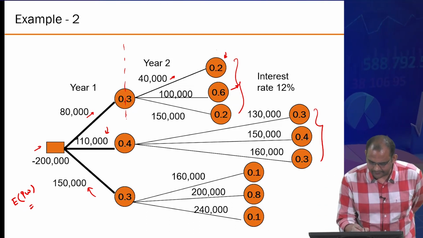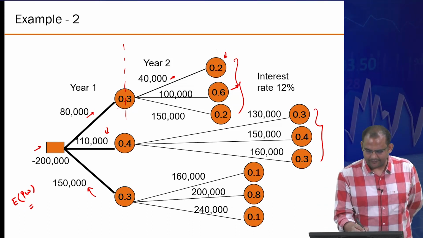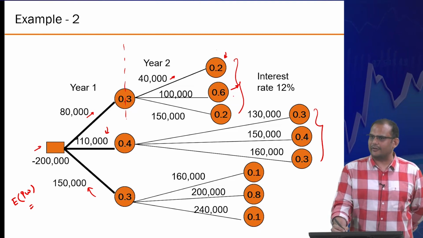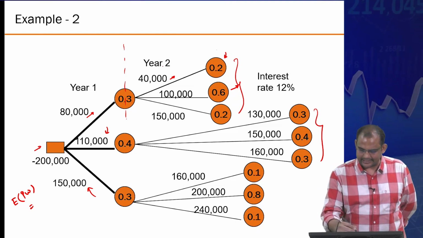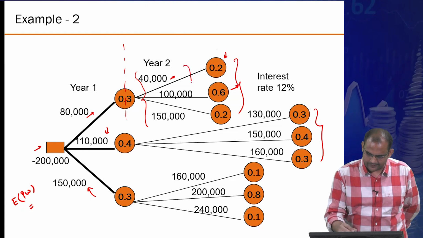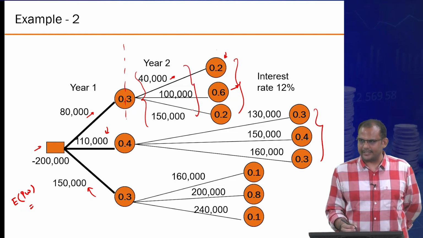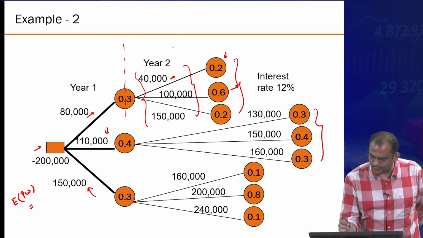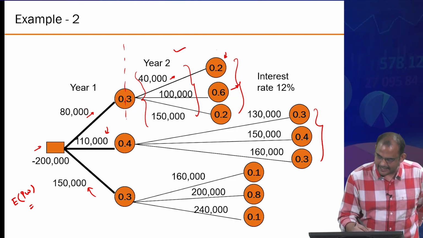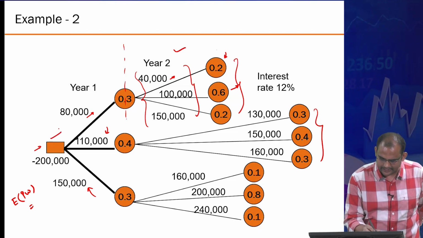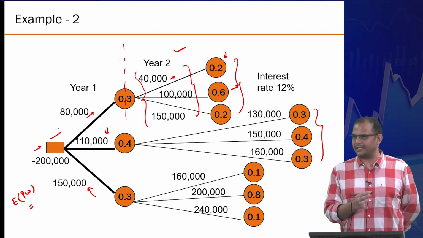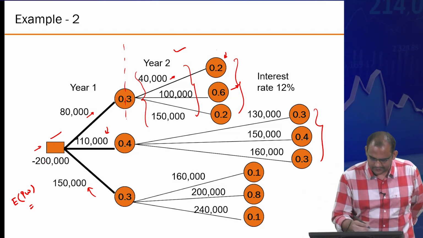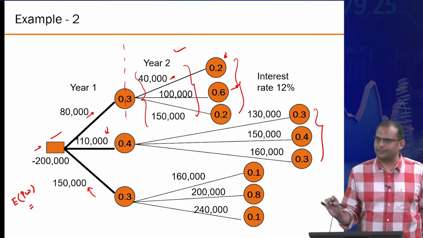For example, for this node, what is the expected value of cash flow at year 2? You can estimate by just averaging these out. Now, you know the expected value of this value, and you can estimate the cash flow series using the same method that we just saw. Or you could go branch by branch, and I'll show you both the methods.